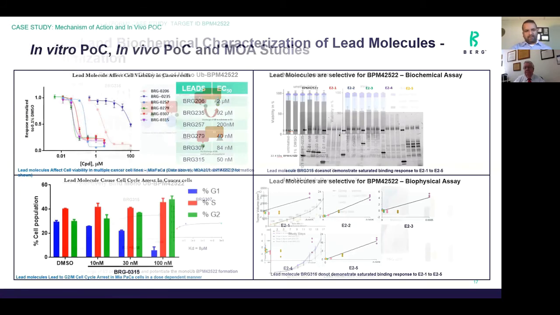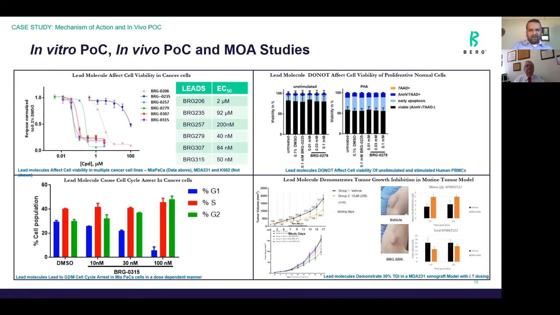And when we ran them in potency assays in cancer cells, again, we saw a very strong potency of these molecules. In fact, the candidate that we selected is about in the same range as these molecules here. Double-digit nanomolar potency is what we see. This was in MIA PaCa cells, but I'll show you some additional data on additional cells that were used for the potency assays.